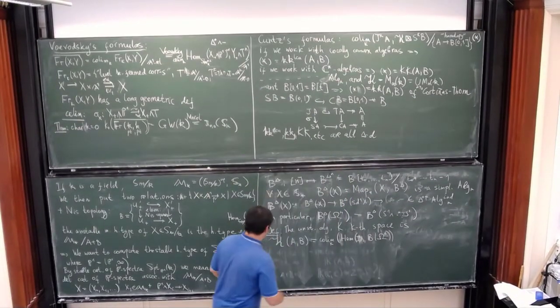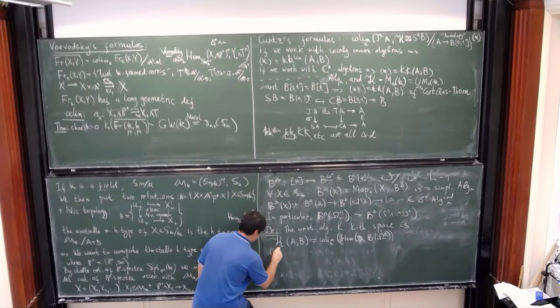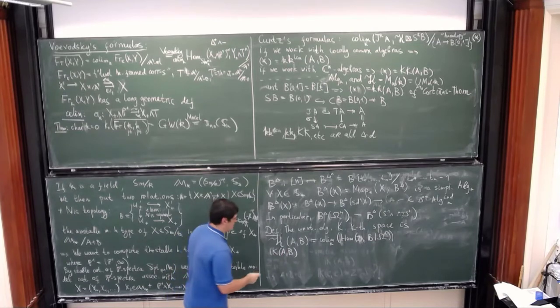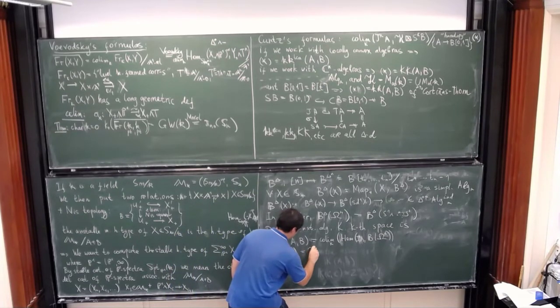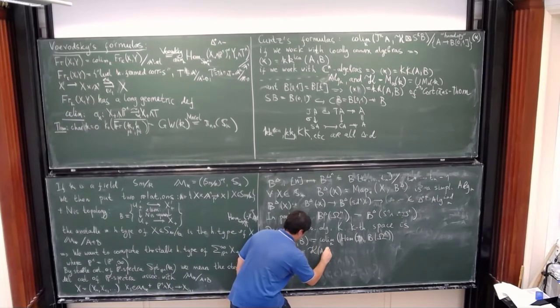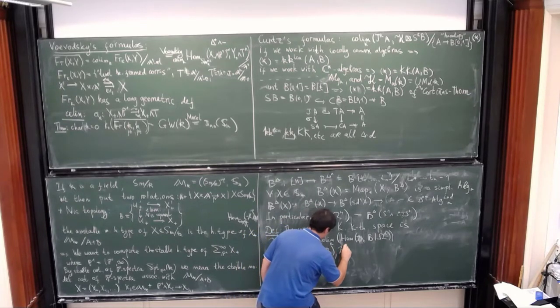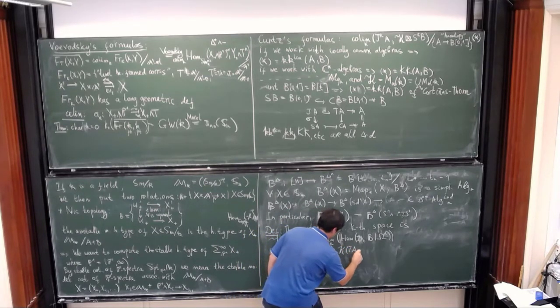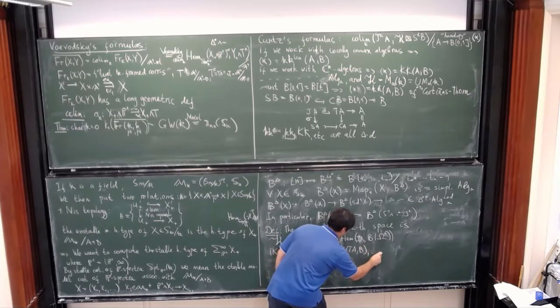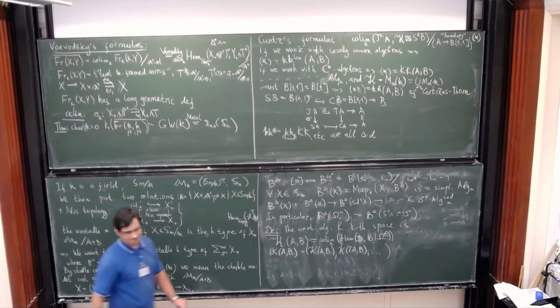And now the KK spectrum of A, B is defined. It consists of K(A,B) as the first space, and so forth, where j grows.